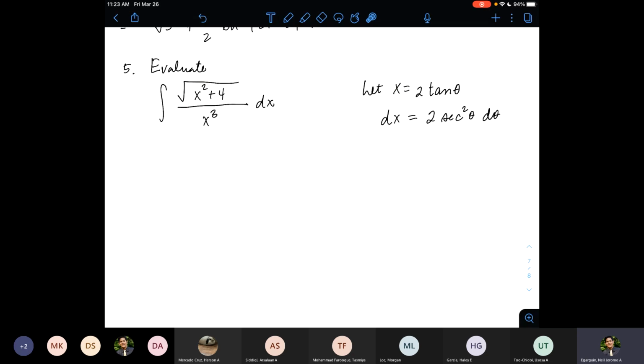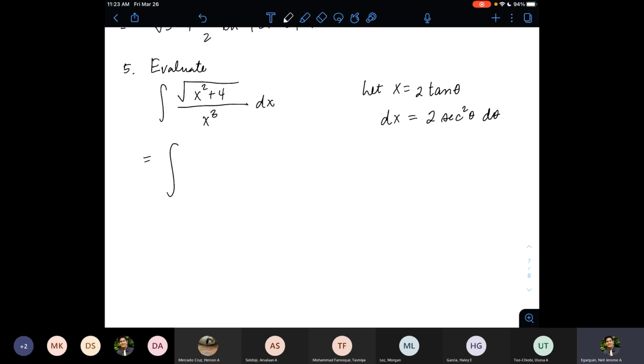So essentially you will have x squared. If you try x equal to 2 tangent squared, then you will have 4 tangent to the 4th inside the radical, and that will spell some problems for you because you cannot use the Pythagorean identity for that.